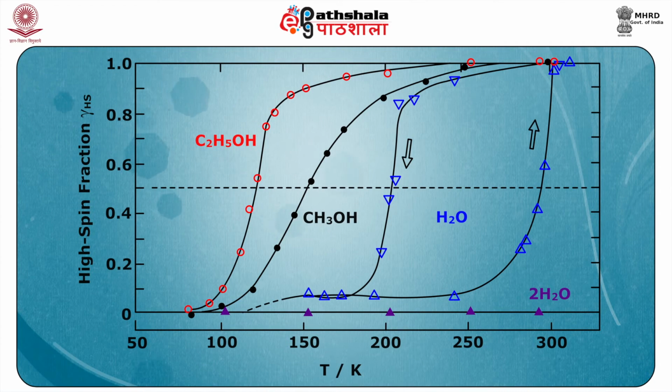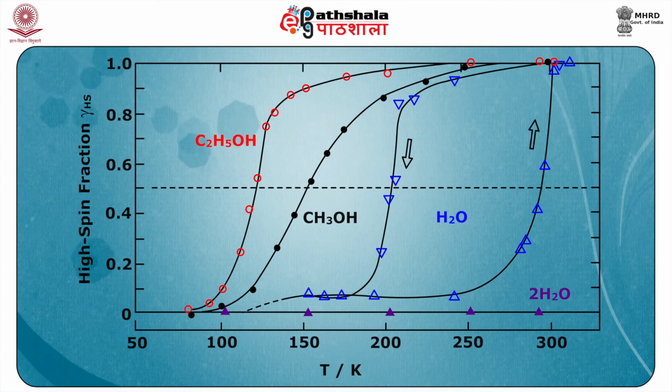Various solvates of the spin crossover complexes with solvent ethanol, methanol, water were studied to explore the influence of the non-coordinated solvent molecules on the spin crossover behavior. The spin transition curve of the complex with solvent ethanol shows a rather steep transition near 115 Kelvin, with methanol shows a gradual spin transition near 150 Kelvin.